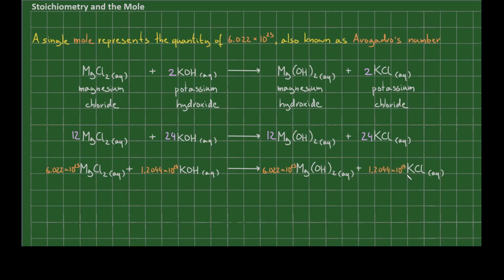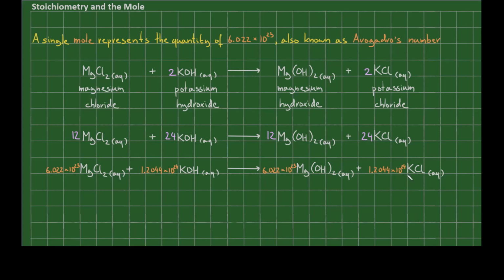As you may have noticed, Avogadro's number is a little bit cumbersome. So rather than saying I need 6.022 times 10 to the 23 magnesium chlorides and 1.2044 times 10 to the 24 potassium hydroxides, in chemistry we would simply say that I require 1 mole of magnesium chloride and 2 moles of potassium hydroxide.